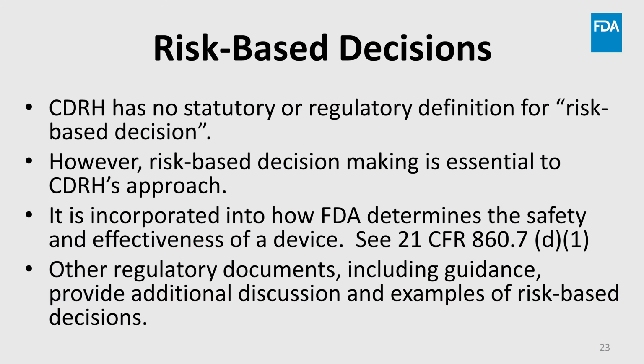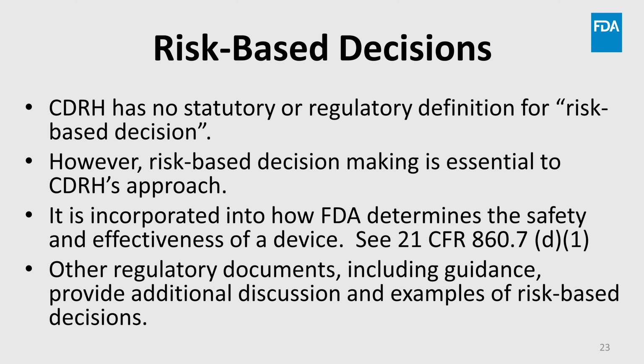As with the terms risk and benefit, there is no specific formal FDA definition for a risk-based decision. However, throughout both our regulations and guidance documents, you will find examples of the need to make these decisions, as well as get a good understanding on the expectations. Risk-based decision-making is essential to CDRH.